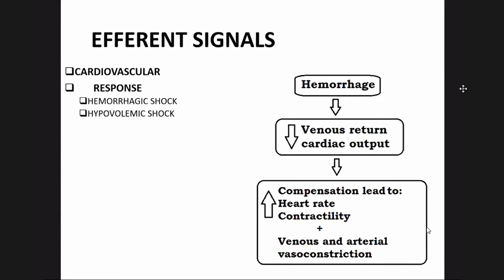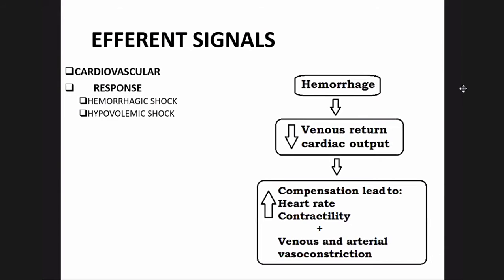Then we have efferent signals. Changes in cardiovascular function: hemorrhagic shock and hypovolemic shock result in the neuroendocrine response and ANS response to shock, and constitute a prominent feature of both the body's adaptive response mechanism and the clinical signs and symptoms of the patient in shock.